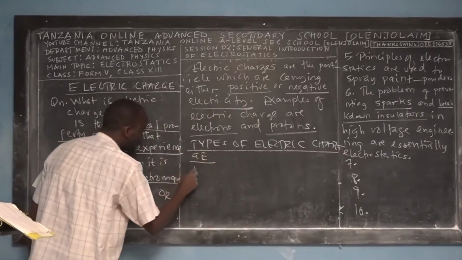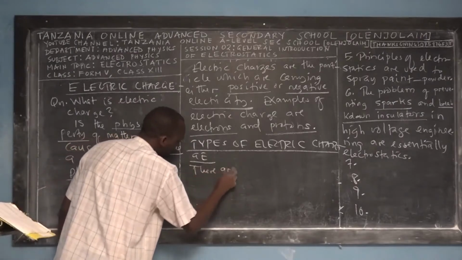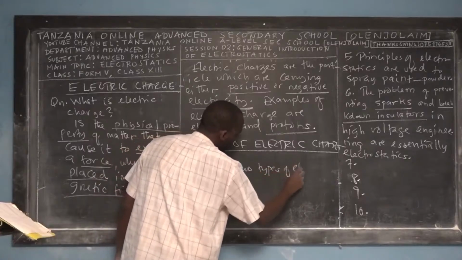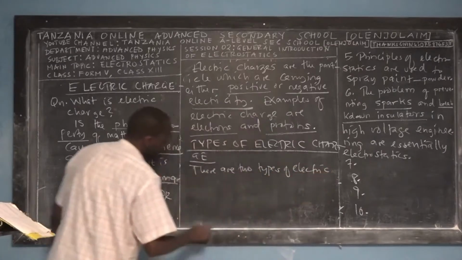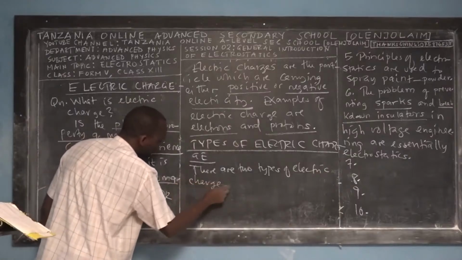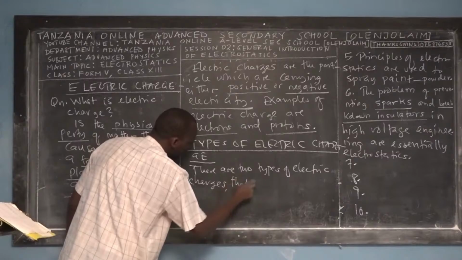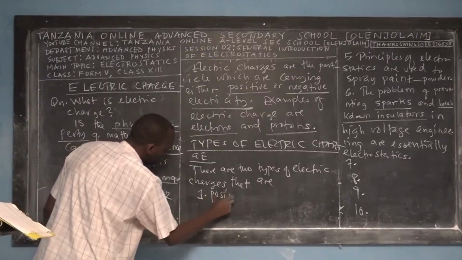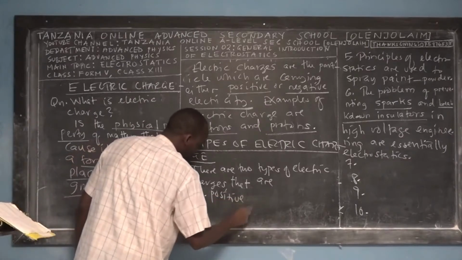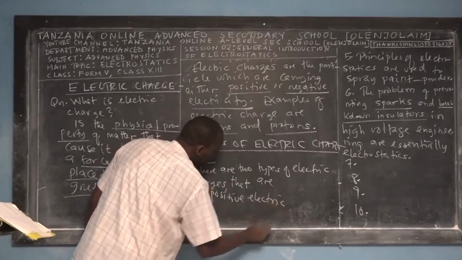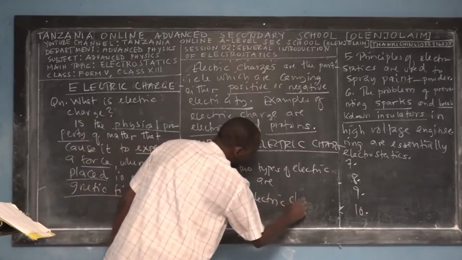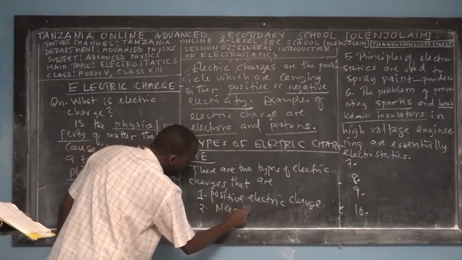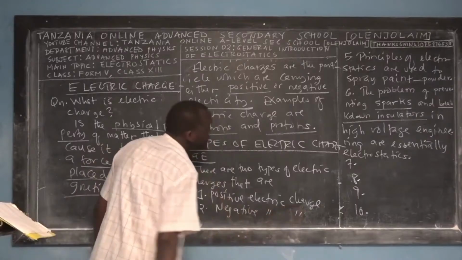So we say that there are two types of electric charges that are: one, positive electric charge, and the second one, we have also negative electric charge.